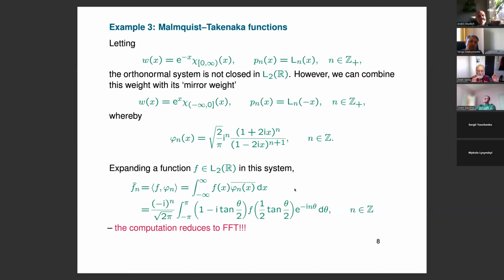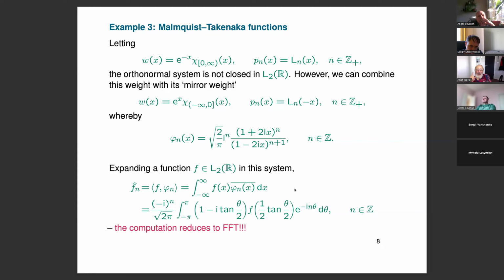Yes, I know 0 to infinity is not the whole real line. The measure is supported on 0 to infinity, but wait with it. We'll fix it. And then the orthonormal functions are standard Laguerre polynomials. But the system is not closed in L2, it is closed in the Paley-Wiener space of 0 to infinity.